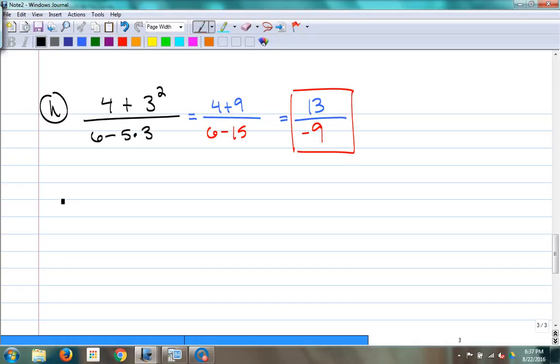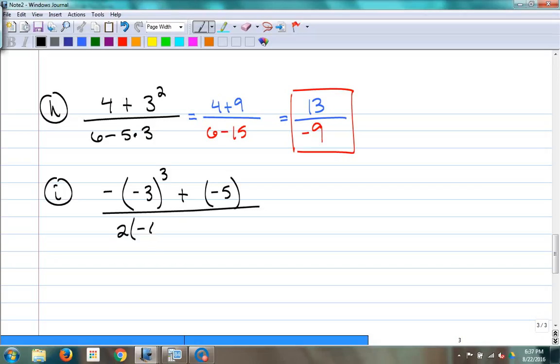Let's do one more of those. Negative, parentheses, negative 3, close the parentheses, cubed, plus, and I'll put another set of parentheses in there just because it makes it look hard, but it's not really that bad. Lots of parentheses here, but do any of them mean anything?